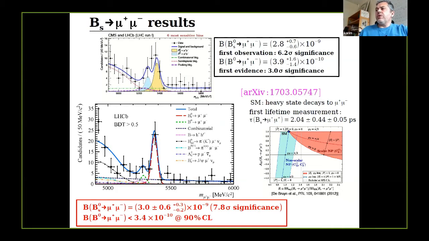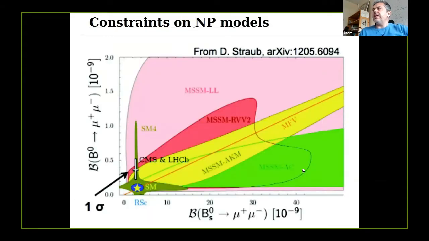And what is also interesting is that, similarly to what I said for B to S gamma, you went from observing the decay, to measuring the branching ratio precisely, and next is to study the properties of the decay, here in terms of lifetime. The first result here is shown for constraining models which have an impact on the lifetime of the B_s to mu mu decay.